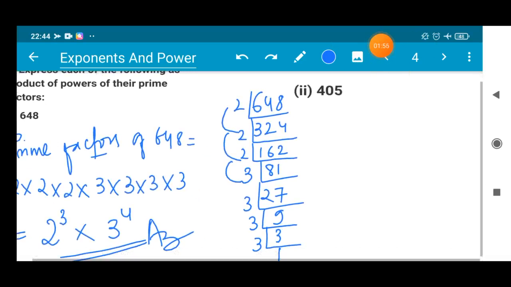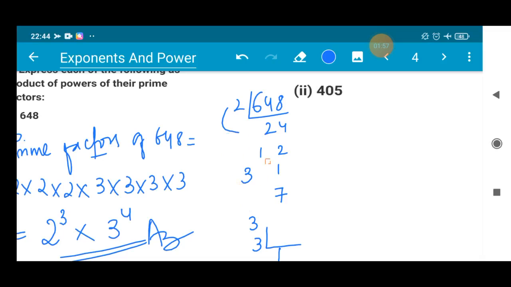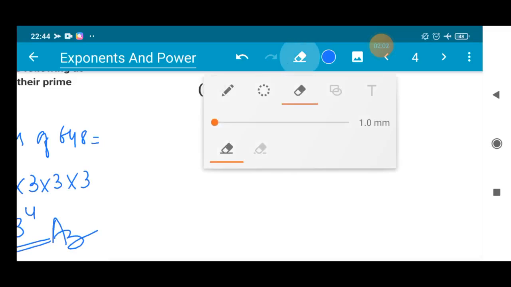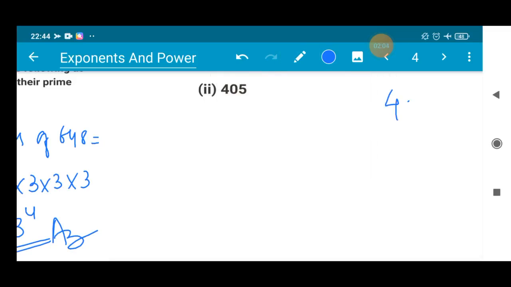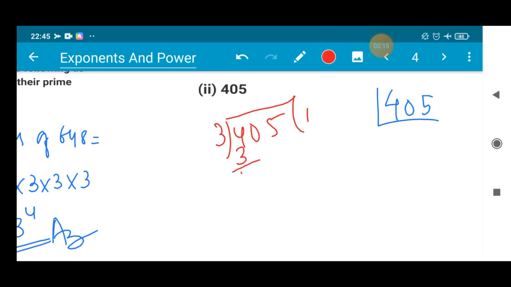So similarly we will be solving the next one also. Let me take this space out here for 405. So 405, you all know that it is not divisible by 2. So I'll be going for the next number, that is 3, right? 3 1s are 3, 3 3s are 9, 3 5s are 15.